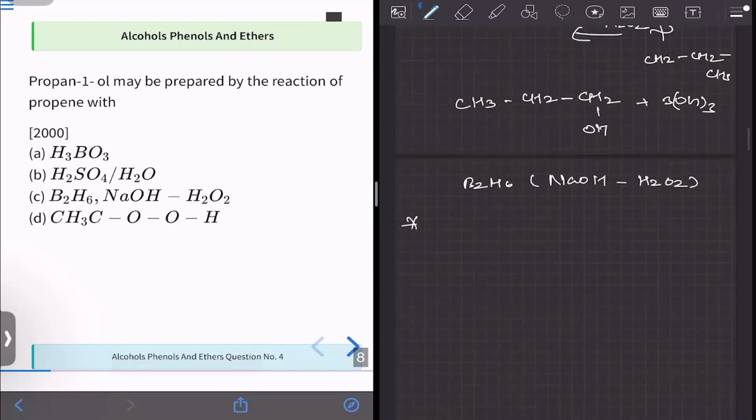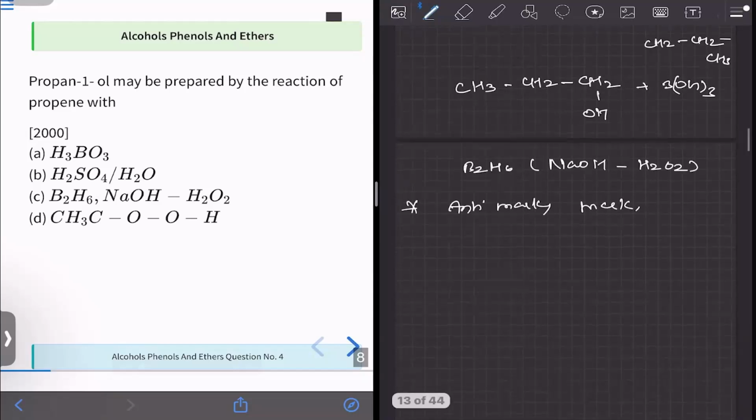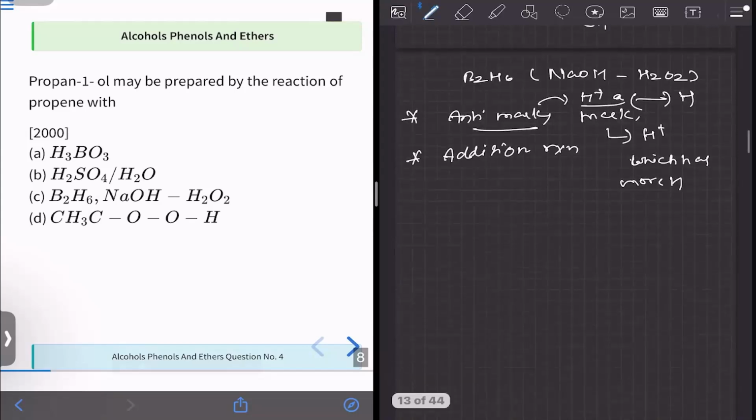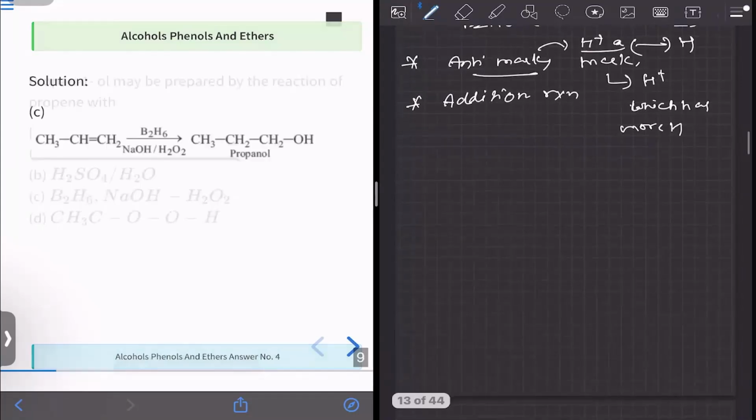In this, we learned the anti-Markovnikov and Markovnikov rules and addition reactions. In the anti-Markovnikov rule, the proton is attached to the carbon which has fewer hydrogens; in the Markovnikov rule, the proton is attached to the carbon which has more hydrogens. So the option will be C.